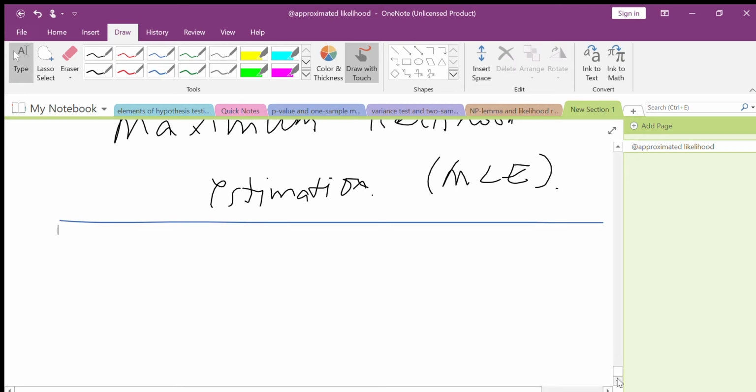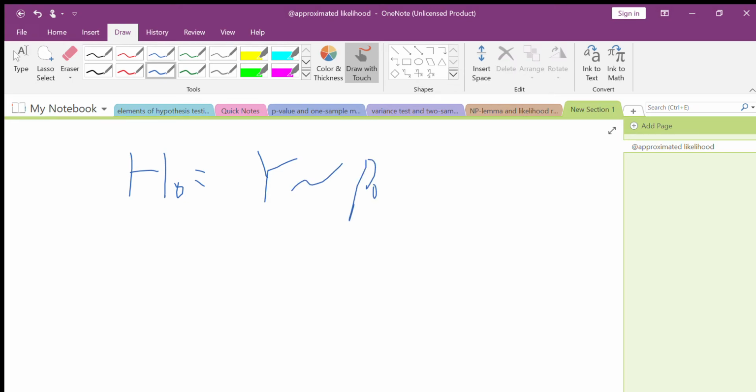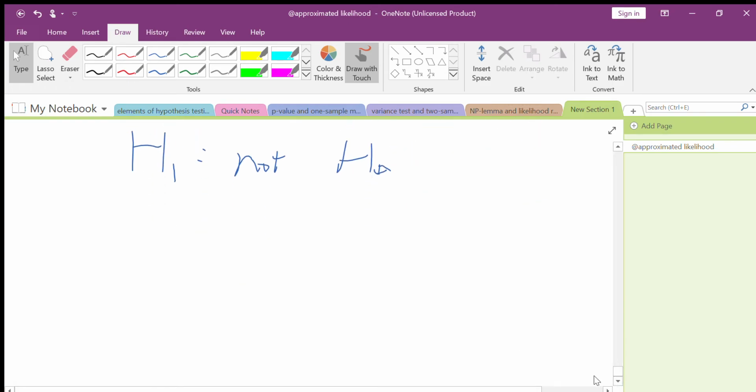So in our specific example, we would like to test H0: capital Y follows Poisson lambda, H1 is not H0. How to do this?